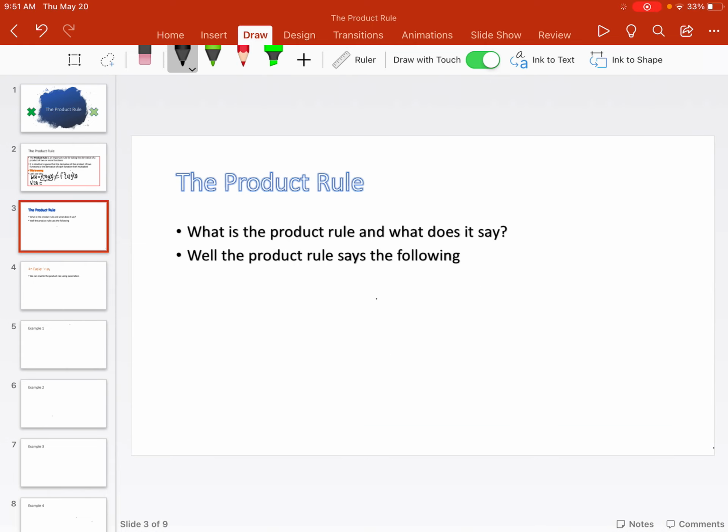So as we said, we use the product rule when we have a product of two or more functions. So what is the actual product rule? If I wanted to take the derivative of, let's say, f of x times g of x, just like we had on the last slide, well, the product rule says, take the derivative of one of the functions.